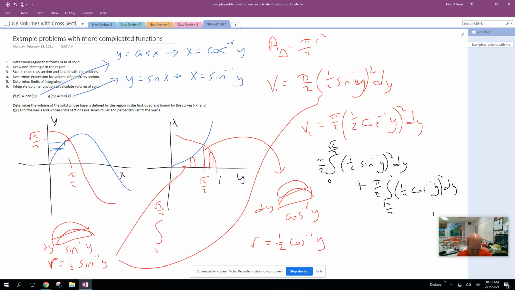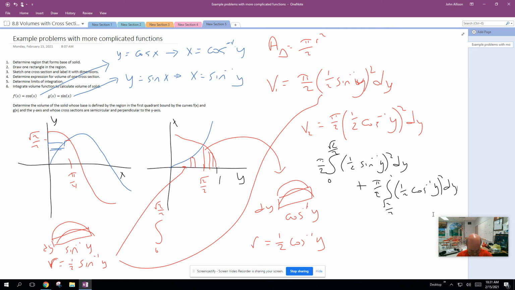Oops, I've still got to do my parentheses. Squared. Integrate with respect to x.